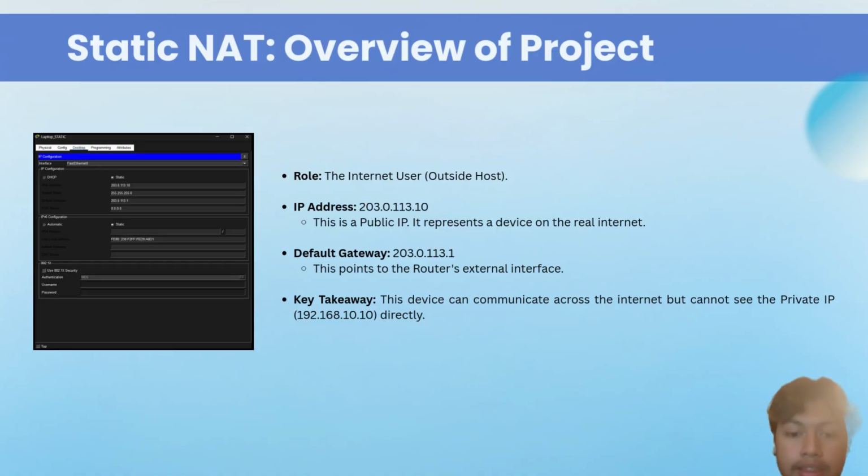It cannot see our private PC directly, so it needs the router to translate so that it can communicate with the internal server, our PC, static, that I explained just now. The key takeaway here is that the laptop static can communicate across the internet but cannot see the private IP, which is 192.168.10.10, directly.